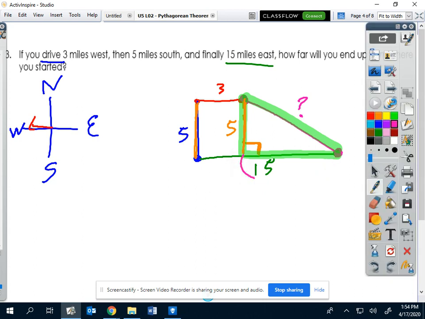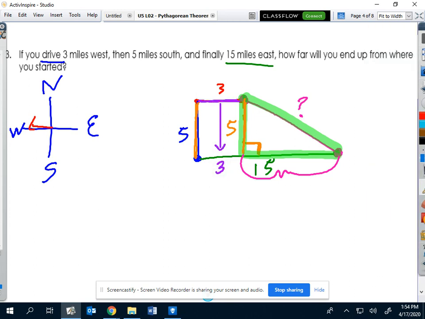Our question is, well, what's this distance right here? That's the distance we're trying to figure out. Think about it for a second. How could we figure out what that distance is? The way you do it is you say, well, that has to be 3 because up here was 3, so this is 3. And if the whole is 15 and that section is 3, then this section is only 12.